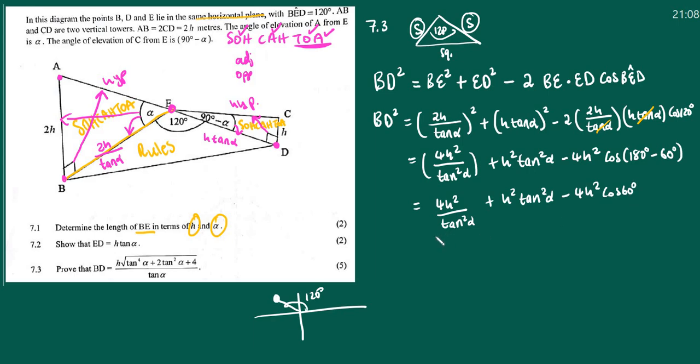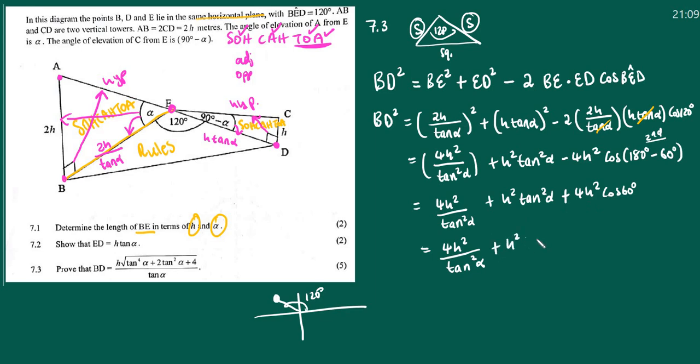Sir, cos 180 minus 60 is in the second quadrant, so aren't you supposed to say it's negative cos 60? Oh, yes, second quadrant. Thank you so much. So we must take a negative. We must say it's negative cos 60, which is going to make it a positive. Yeah, very nice. That's true.